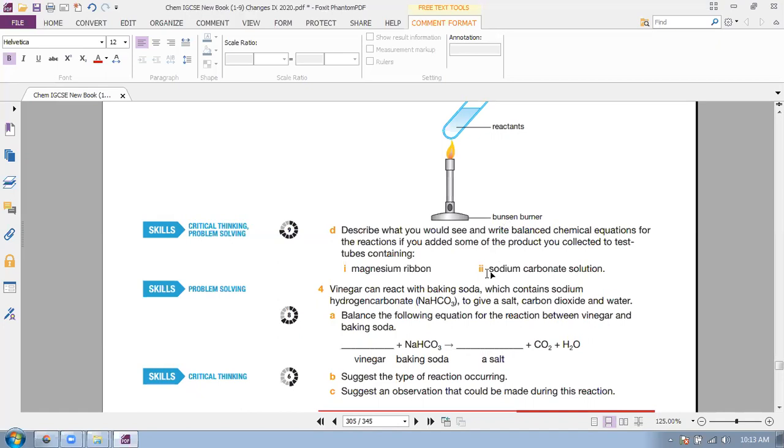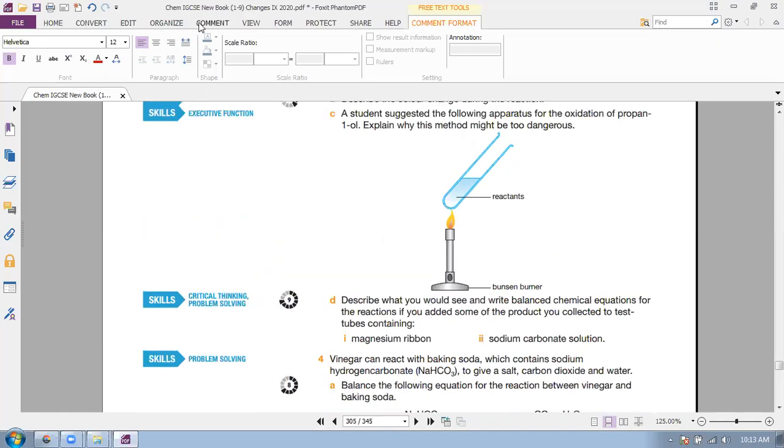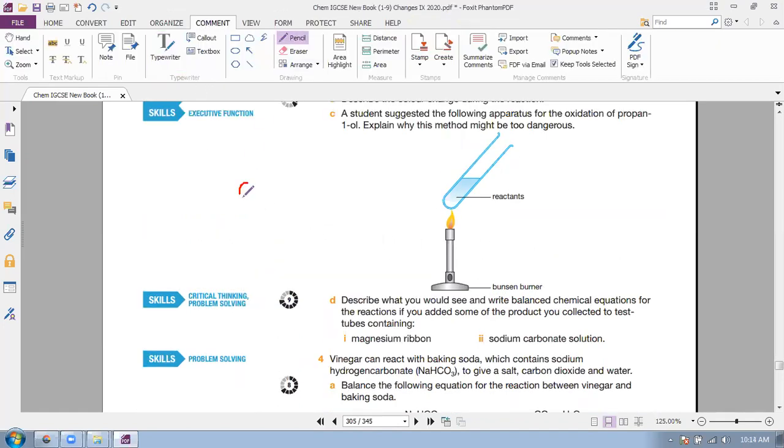Now what would be the structure of the propanoate ion that we can solve? Look at this.